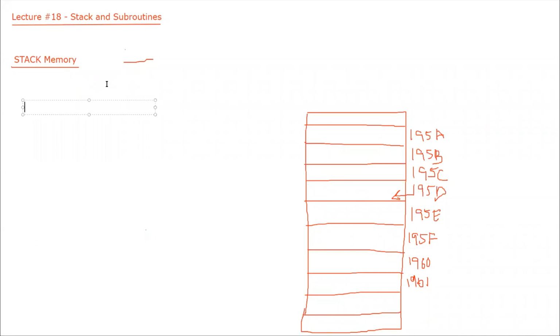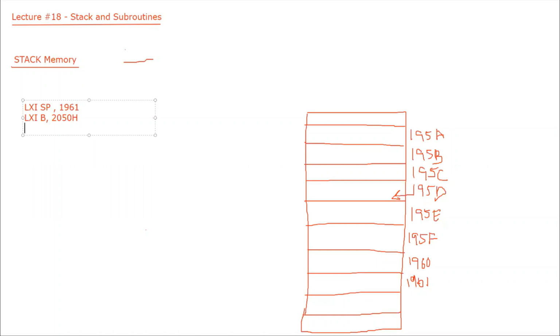So let's say LXI SP, 1961, then LXI B, 2050. This is in hexadecimal.